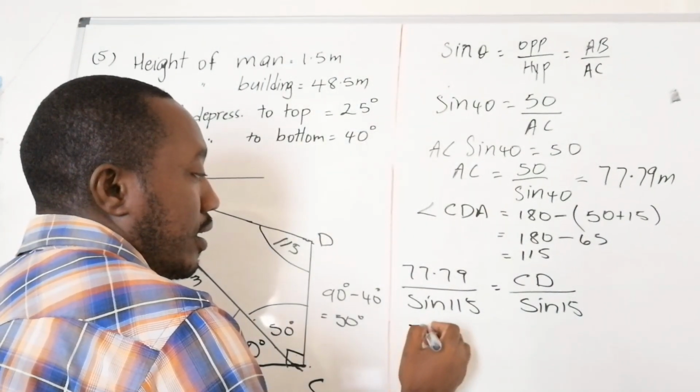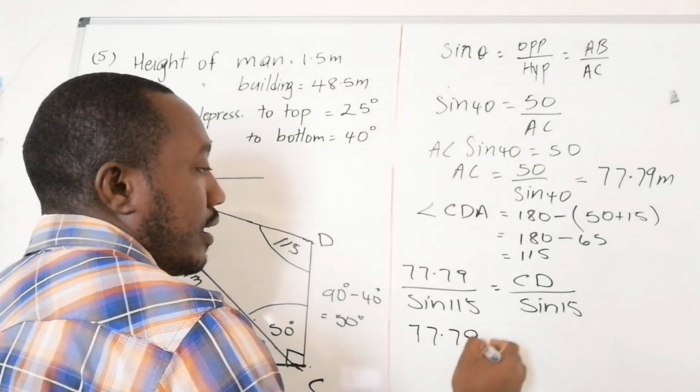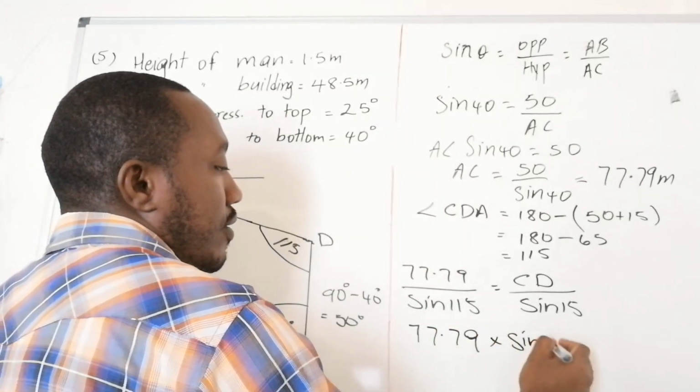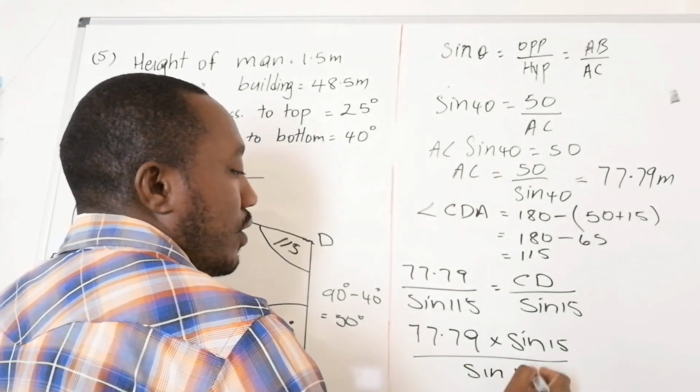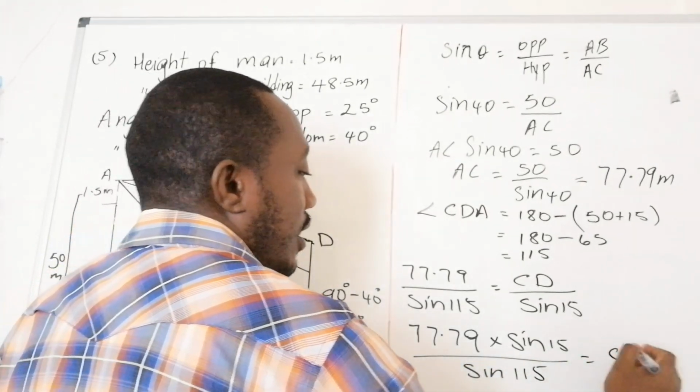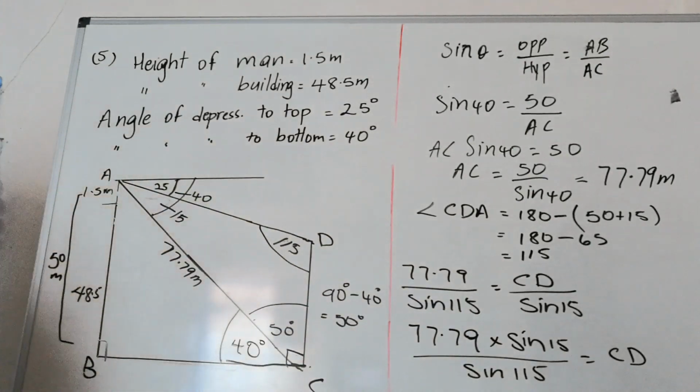So 77.79 times sine 15 over sine 115 is equal to CD. Right? That will give us the height of the building.